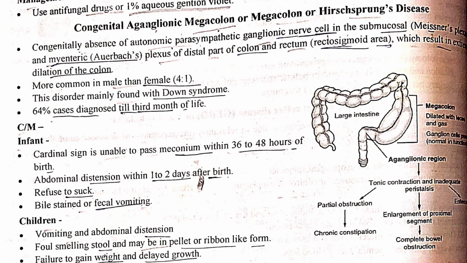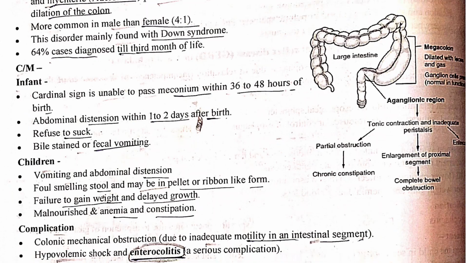More common in males than females, 4:1. This disorder is mainly found with Down syndrome. 64% of cases are diagnosed by the third month of life.